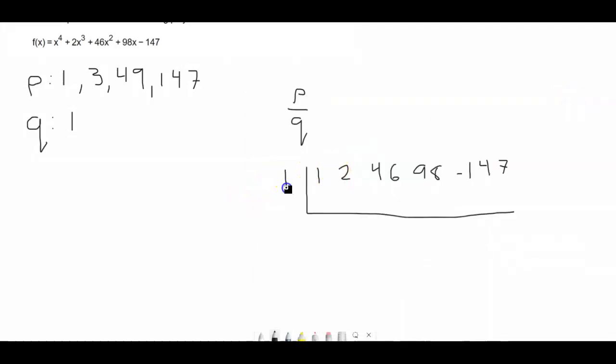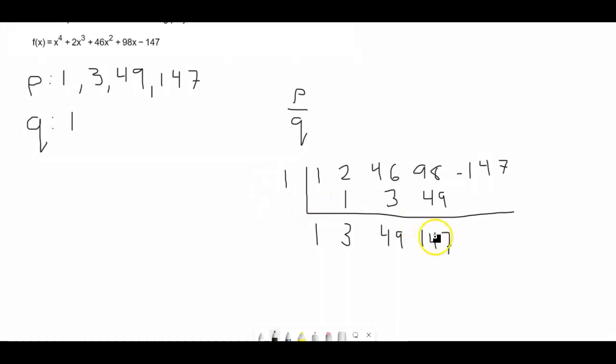So I put a 1 on the outside. I bring down the 1. 1 times 1 is 1. Added with 2 is 3. 1 times 3 is 3. Added with 46 is 49. 1 times 49 is 49. Add these together and I get 147.